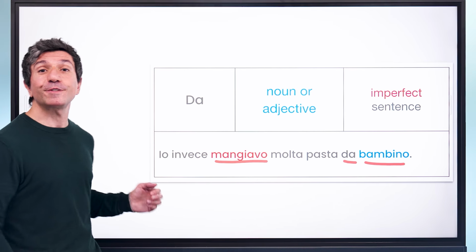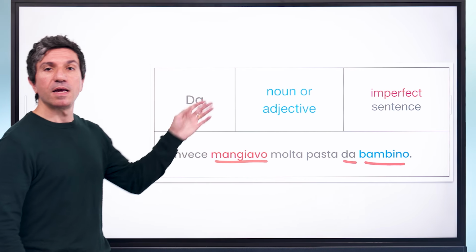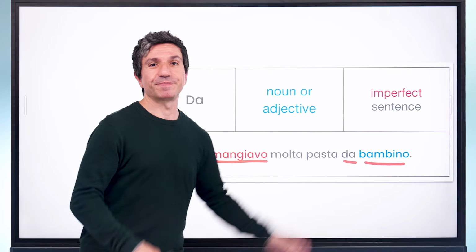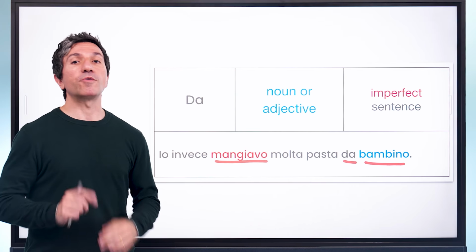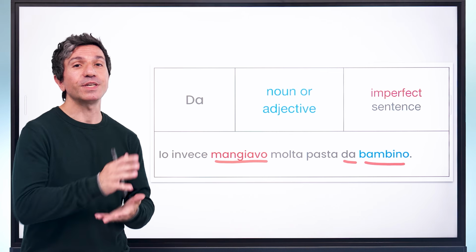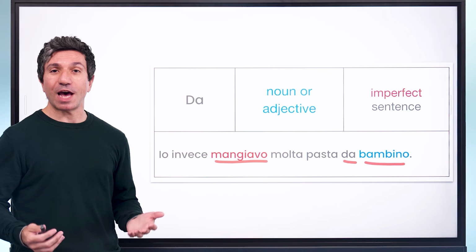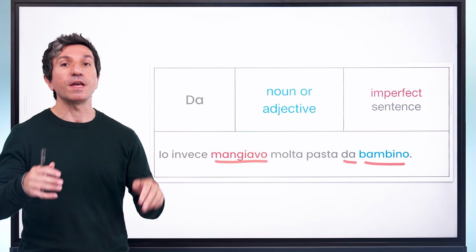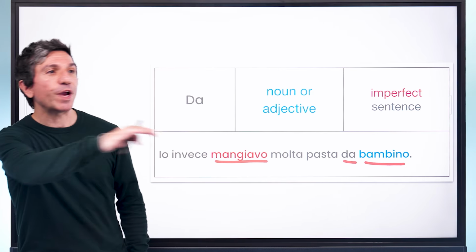This sentence follows the pattern: da, noun or adjective, plus verb in the imperfect. It shows a role or identity in the past and a habitual action that went with it. Now you know how to use the imperfetto to describe past experiences, repeat actions, and situations in Italian.